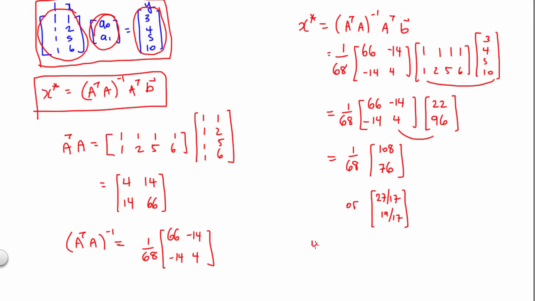And our line had the form y equals a0 plus a1 x. So the line that we're looking for is y equals 27 over 17 plus 19 over 17 times x. That is our least squares approximating line for those 4 given points.